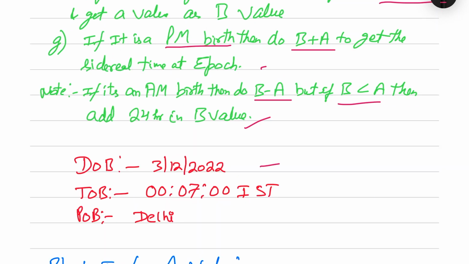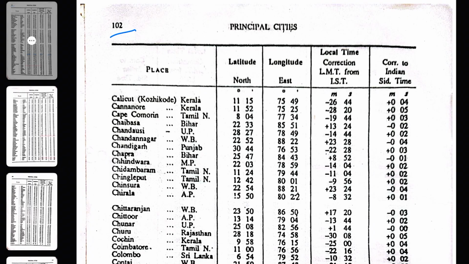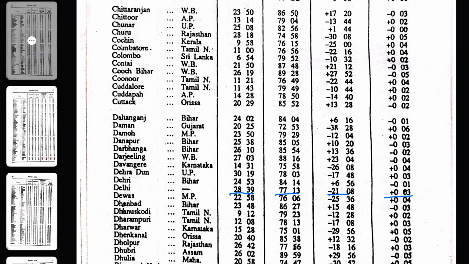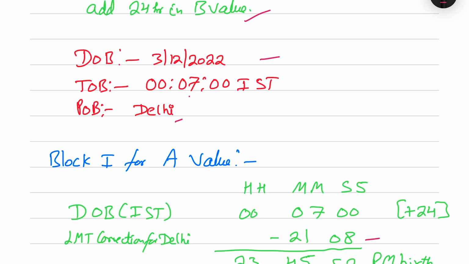Date of birth is 3/12/22, time is 0007, place of birth is Delhi. In the table of ascendant, page number 102, you will see Delhi. This is the latitude, longitude, this is the LMT correction, and this is the sidereal correction for Delhi. From here, we will refer to it. I have placed this value here.